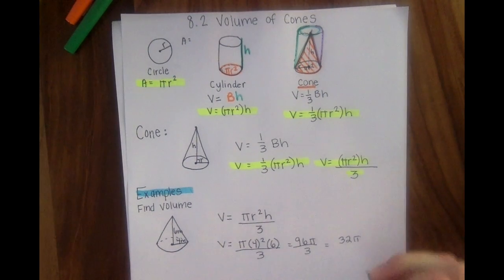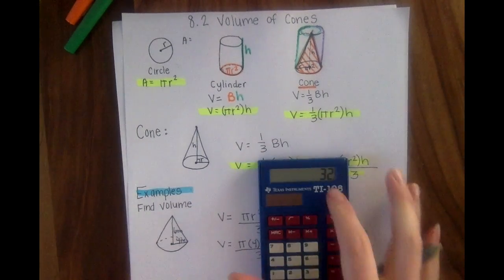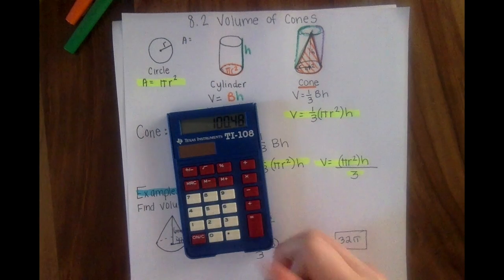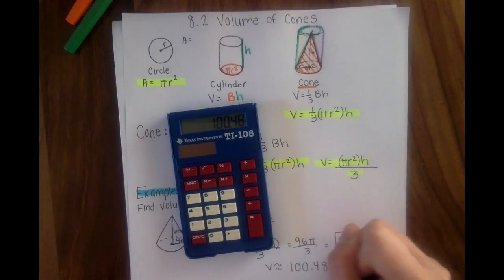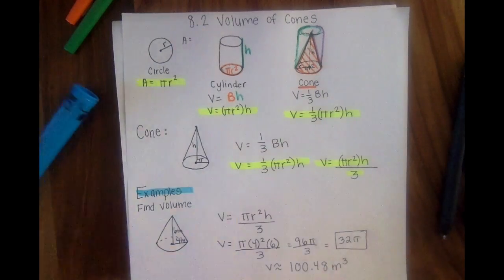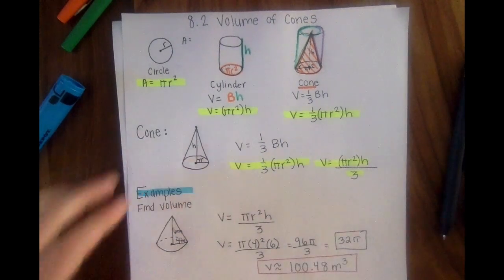So I could say that that's my answer. Or what I could do is then calculate 32 times 3.14. So I could say that my volume is about 100.48 meters cubed. So that would be my answer. So that is my volume.